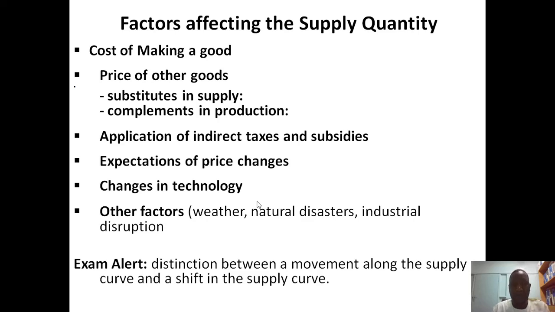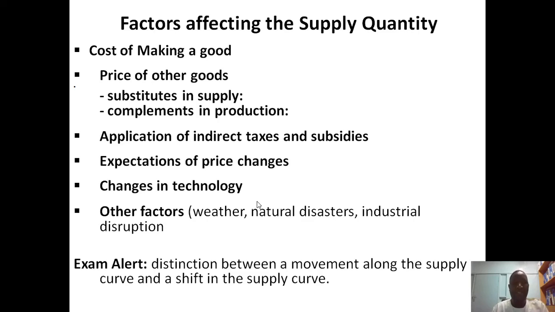What are substitute products in supply? These are products that are supplied alternatively. If the company can use the same equipment to produce tea and the same equipment can be used to produce coffee, then tea and coffee are substitutes in terms of supply.